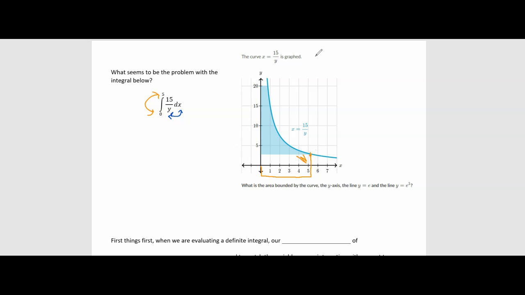Also, the shaded region doesn't even come down all the way to the x-axis, right? So if I was trying to find the area under this curve, that area would be all the way down to the x-axis. It also wouldn't just stop arbitrarily up here. It would continue until we touch the function. So right away we see that writing this integral in terms of x may not necessarily work.